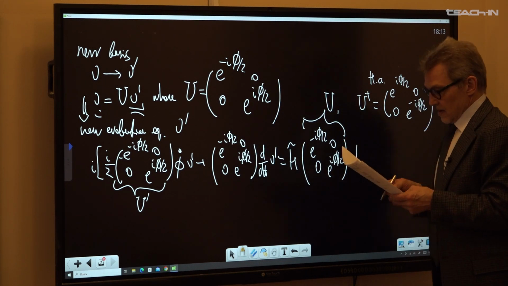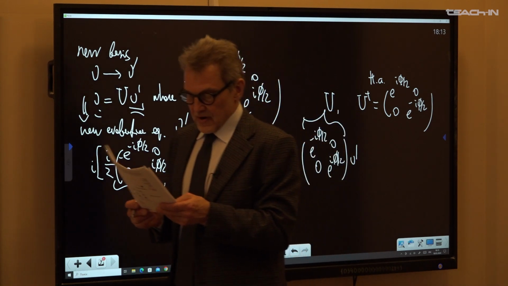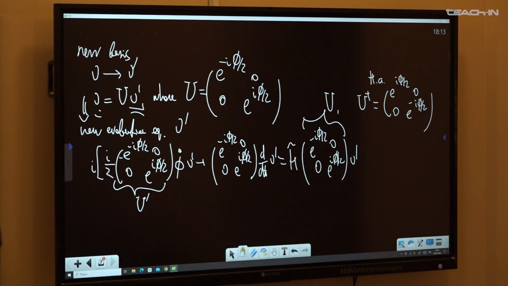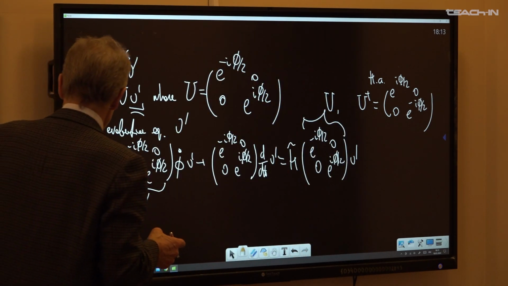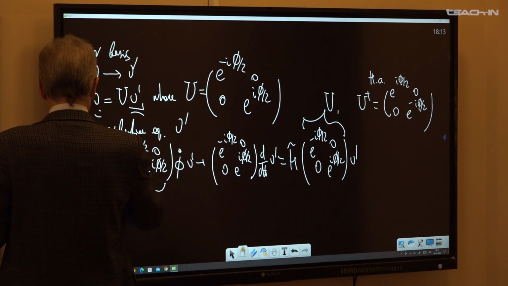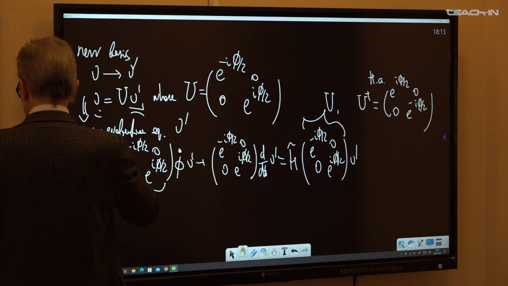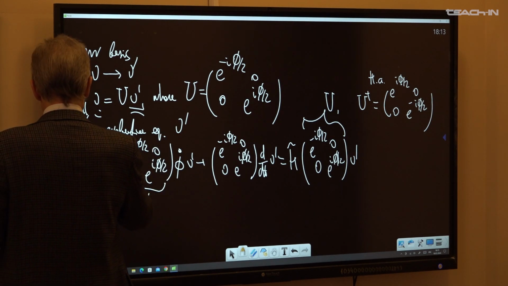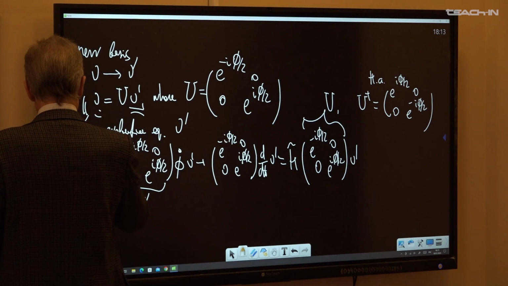Okay. I just introduced all the needed matrices, and now let's make very simple manipulations. Let's multiply this evolution equation by U.